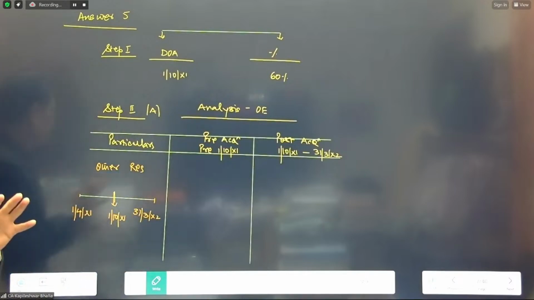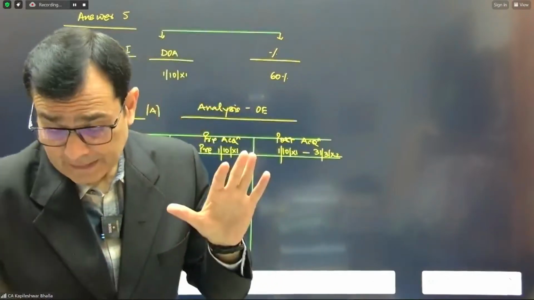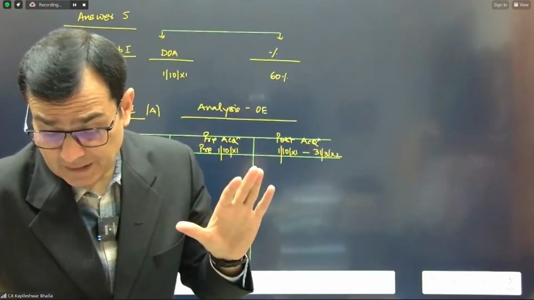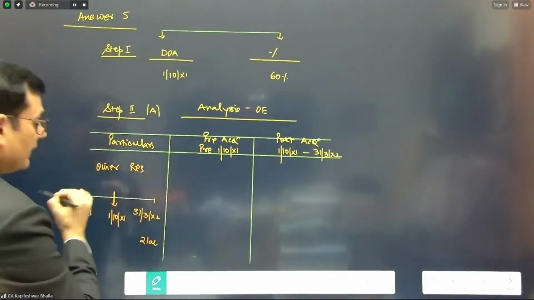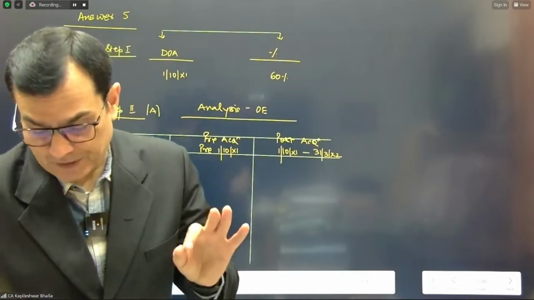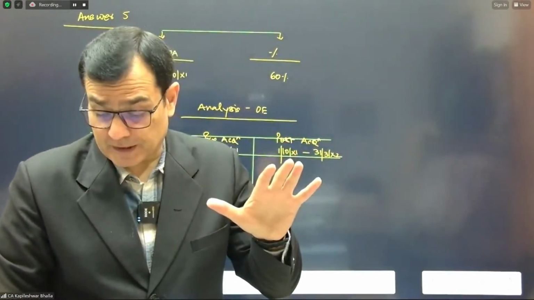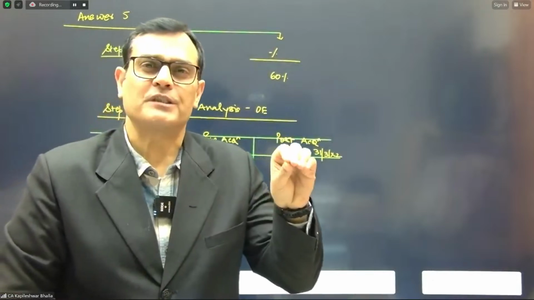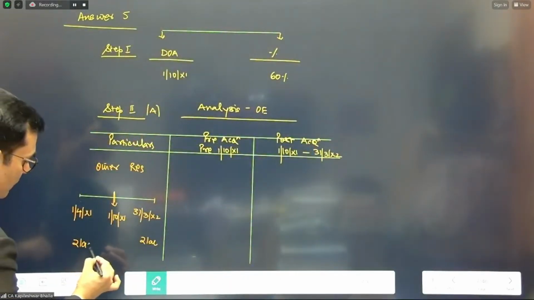Let's first of all note down the figures on each and every date. In the balance sheet, the other reserves appear to the extent of 2 lakhs. If you notice in the additional information, in point number 2, the other reserves on 31st March X2 are the same as on 1st April X1. So even at the beginning of the year, it was the same.